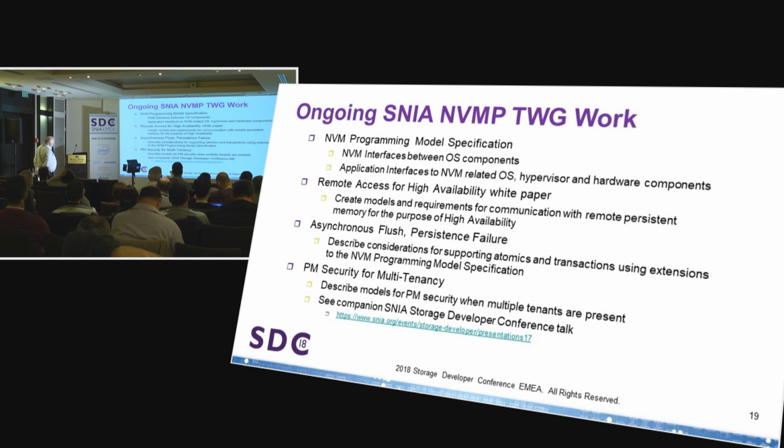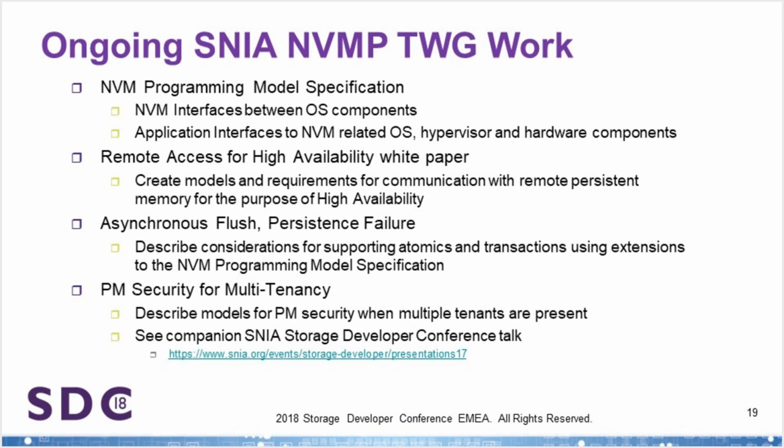So we've got the programming model, which specifies these NVM interfaces between the OS components. We've got application interfaces to non-volatile memory related OS, hypervisor, and hardware components. One of the things that we started worrying about was, so you've got your data on the persistent memory on your machine.